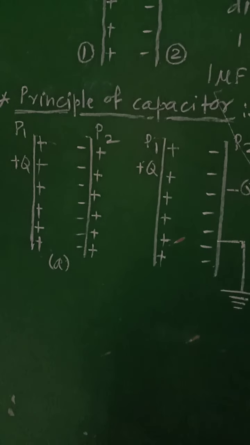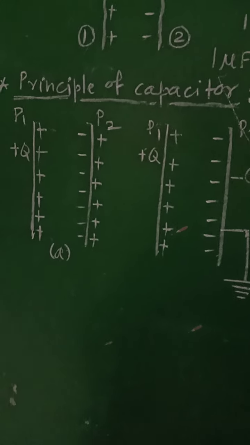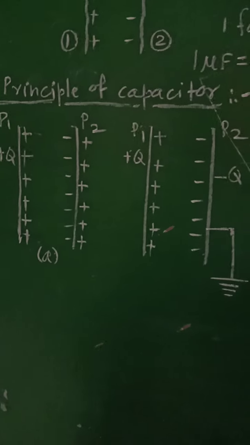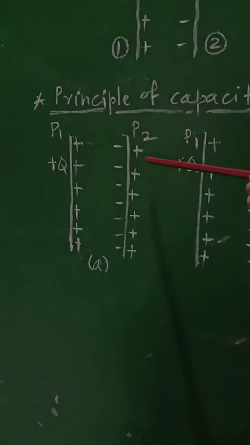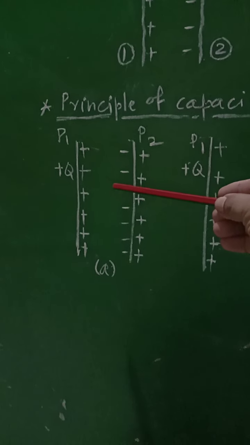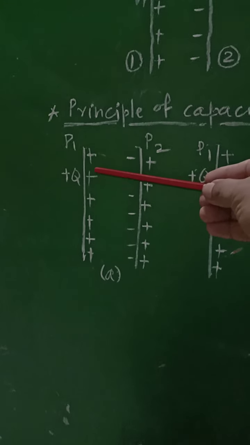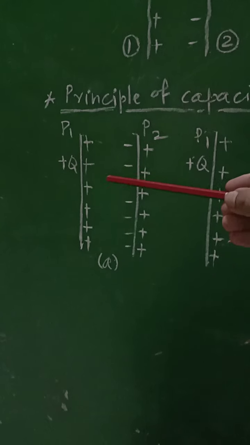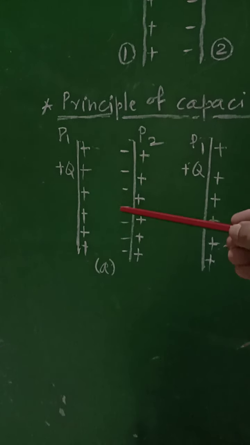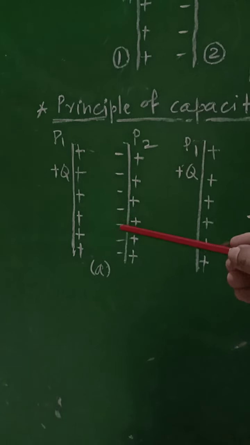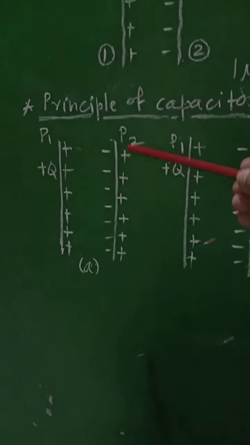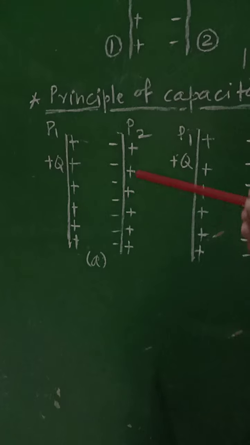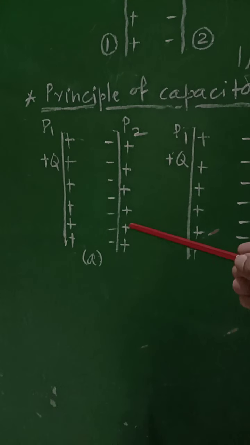In this diagram there are two plates P1 and P2. These are conducting plates separated by some distance. P1 plate is given plus Q charge. At that time minus Q charge is induced on the inner surface of plate P2, and hence positive charge is induced on the outer surface of that plate P2.